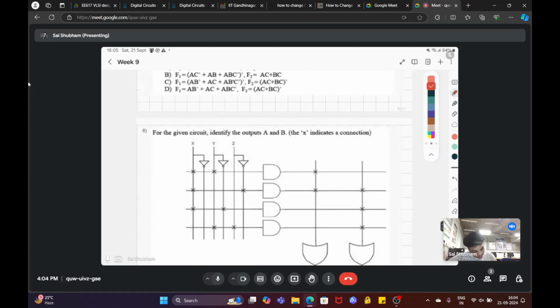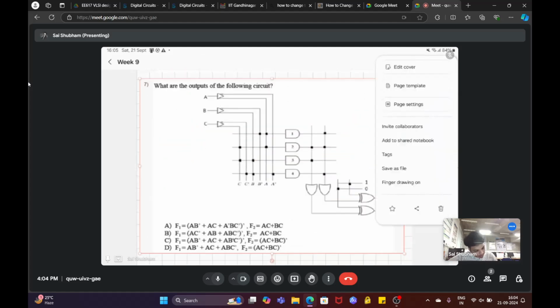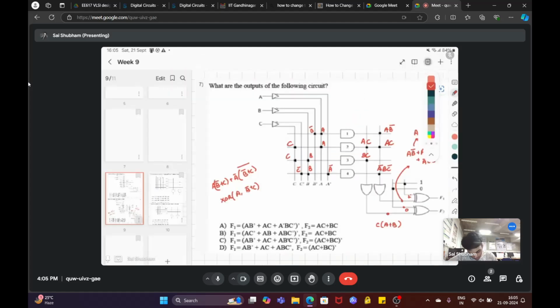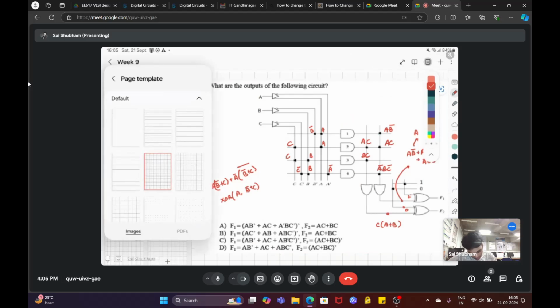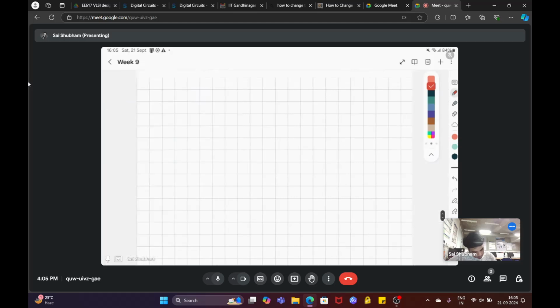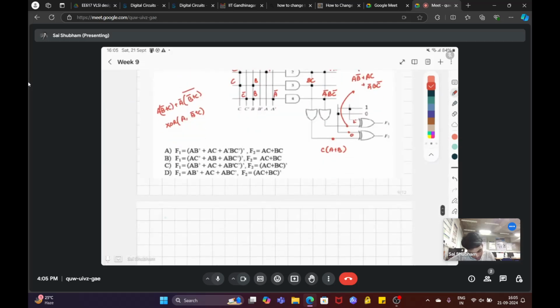So F1, 1 second. I think I will have to add a page. So F1 is basically XOR of 1 and AB bar plus C. XOR of 1 and A can be written as 1 into A bar plus 0 into A, which is A bar.